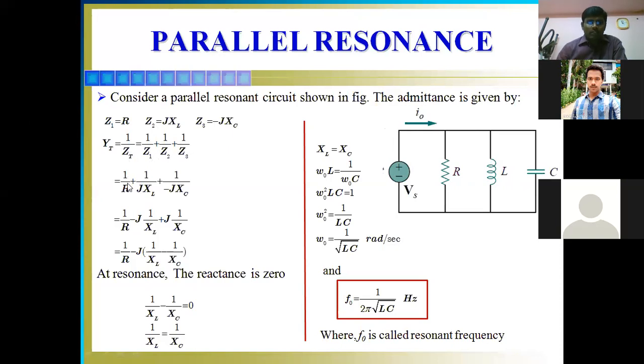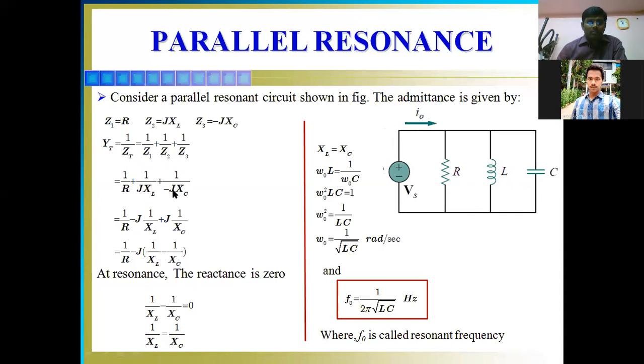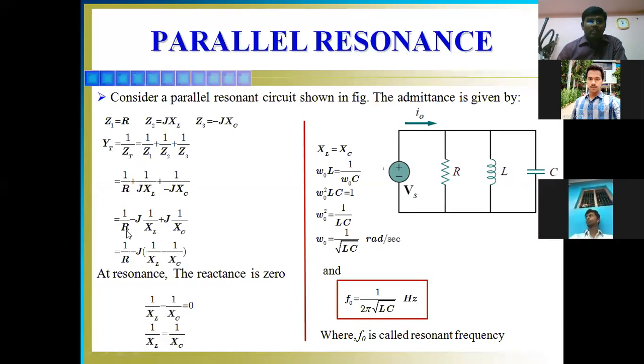From this we get 1 by R minus j by XL, and minus j by XC becomes plus j by XC. Therefore YT is 1 by R minus j into (1 by XL minus 1 by XC).